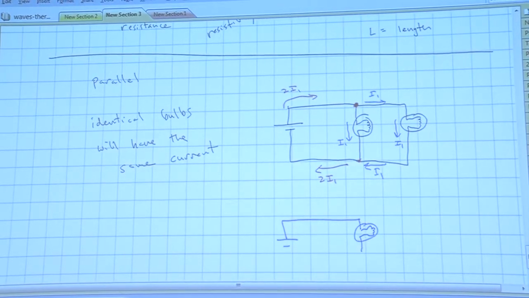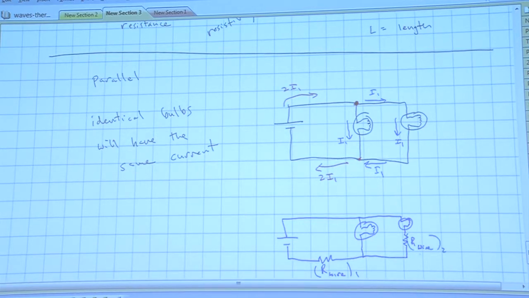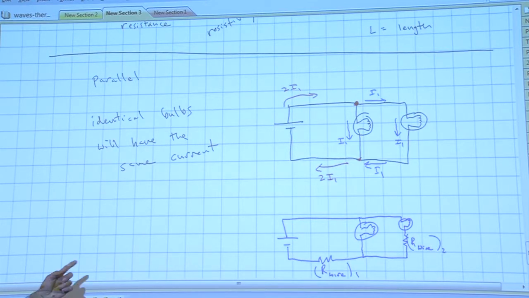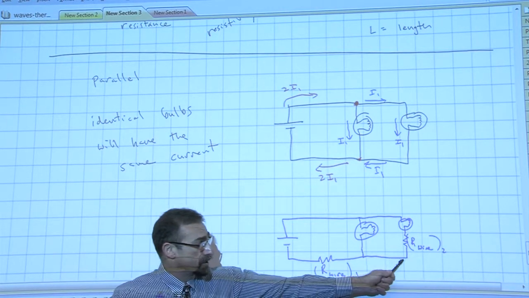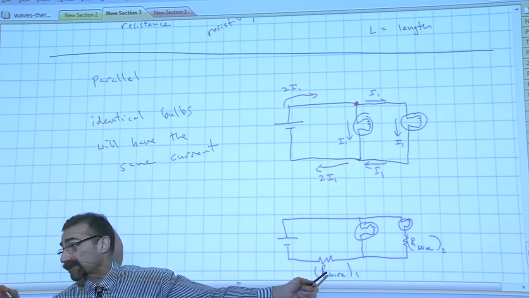Here's my first light bulb, and then there'd be an R wire 1, and then maybe my other light bulb has a longer path, so I put an R wire 2 over here to account for the resistance in the wires, but these lines are still zero resistance paths. The symbol accounts for the resistance in the wire.